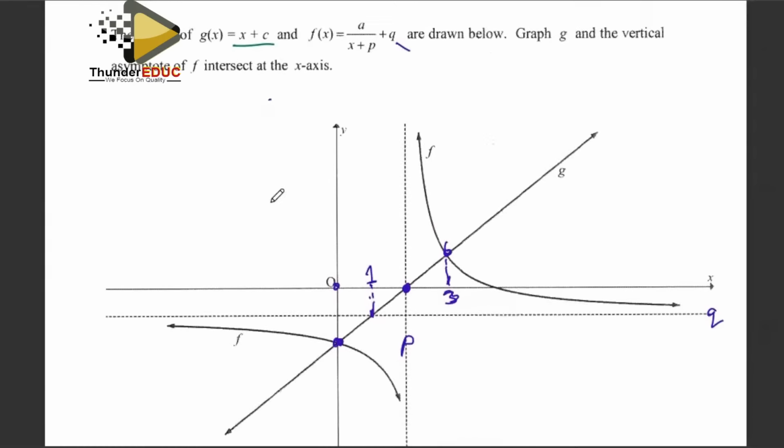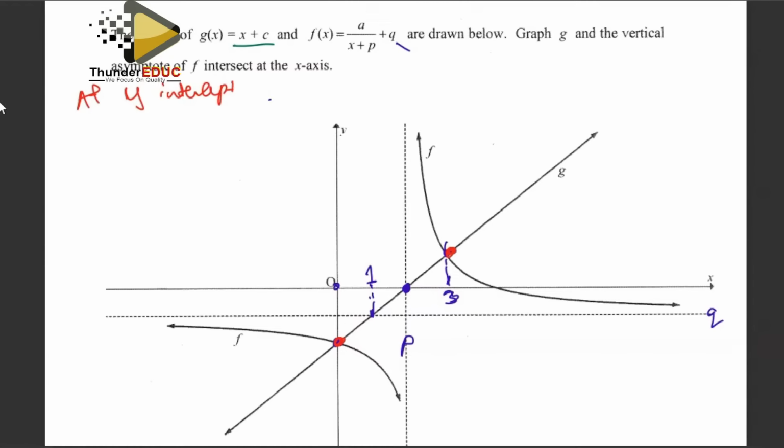Okay, so one thing we need to know, number one, let's start with the points of intersection. When graphs intersect, it simply means that the graphs are equal to each other. So what does that mean? At the y-axis, or at the y-intercept, what is g?